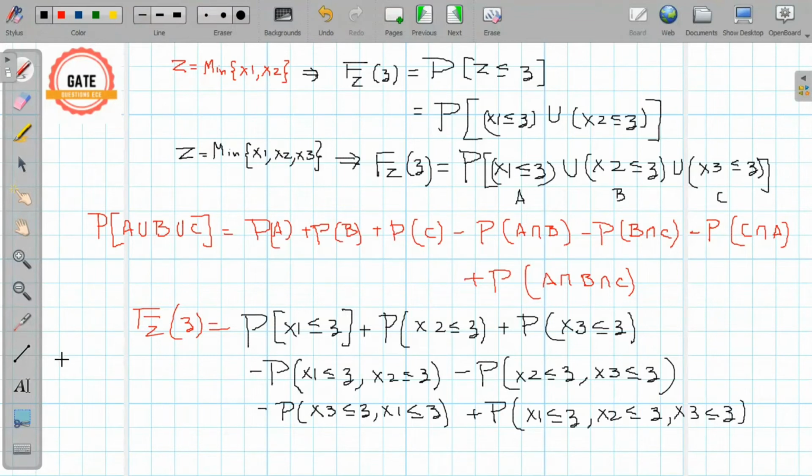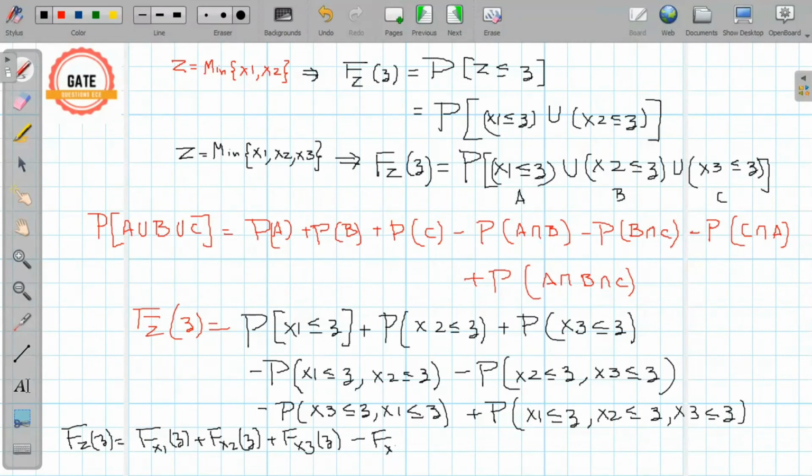So we can finally write that capital F_Z, the CDF of Z, will be equal to the sum of the marginal CDFs of X1, X2, X3, minus the joint CDF of all three possible combinations of X1, X2 and X3.